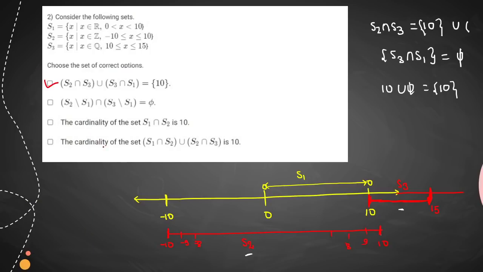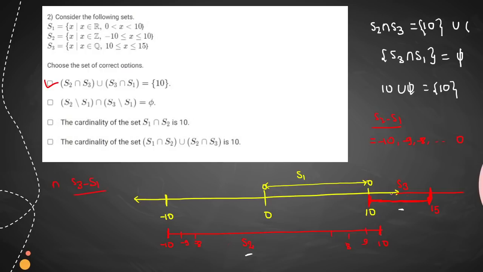The second option is S2 minus S1. So S2 minus S1 will be from minus 10, minus 9, minus 8, up to 0, since S1 is not including 0. So we have to take the intersection with S3 minus S1.